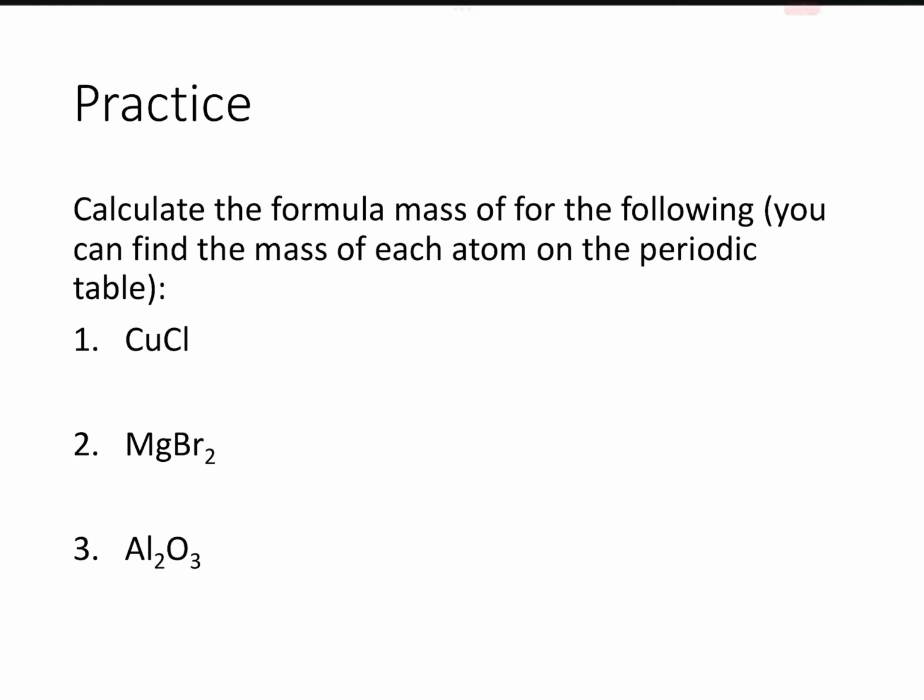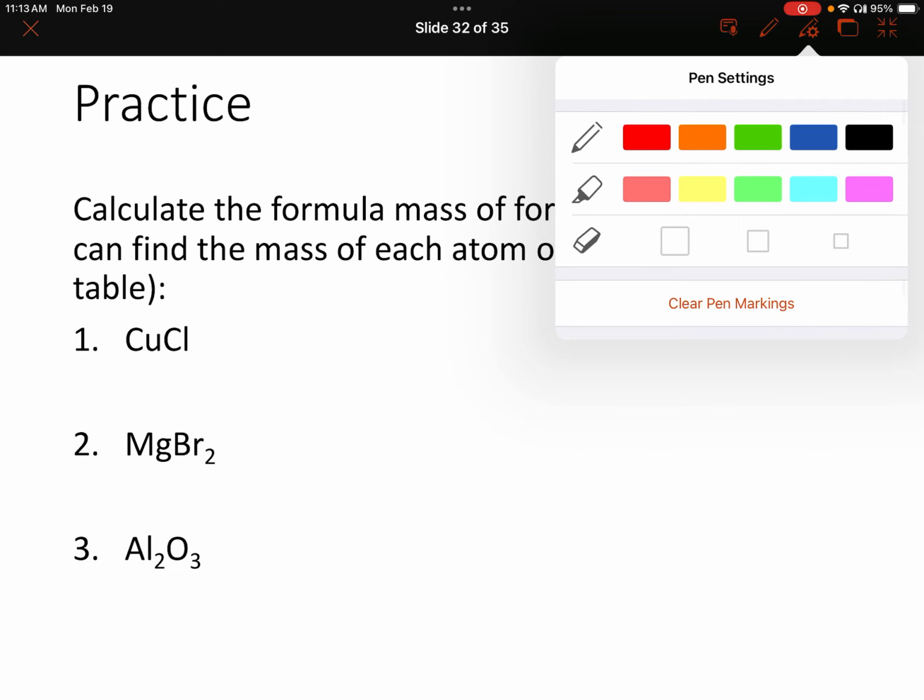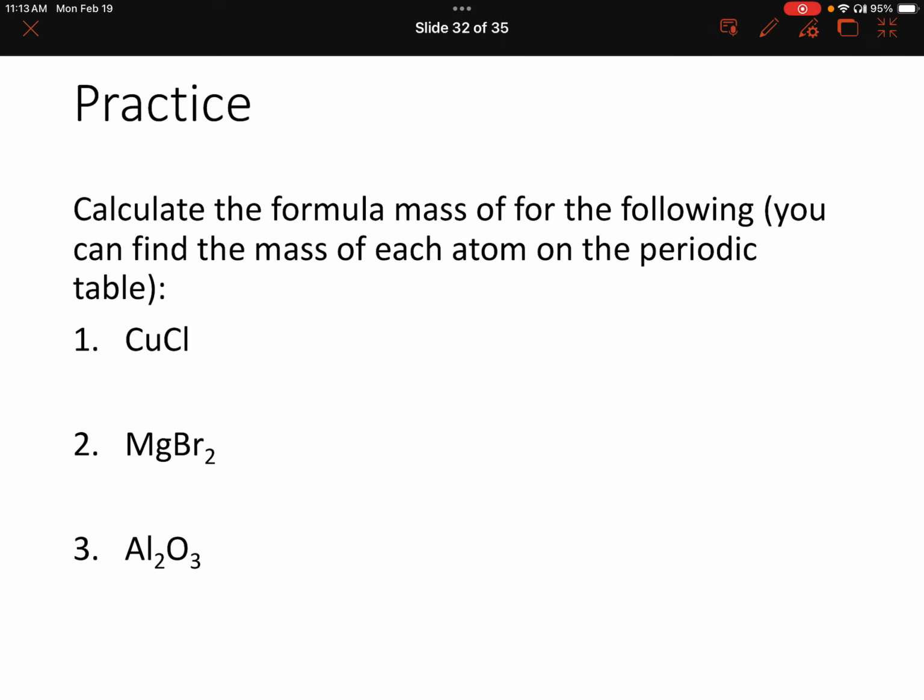All right, so let's see if we got the same answers. The first example we have is copper and chlorine. Copper's mass is 63.55 atomic mass units.